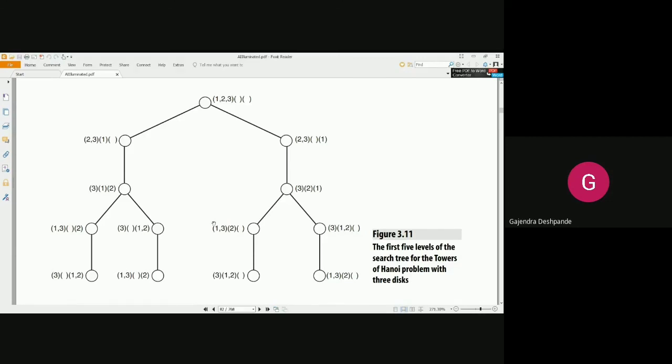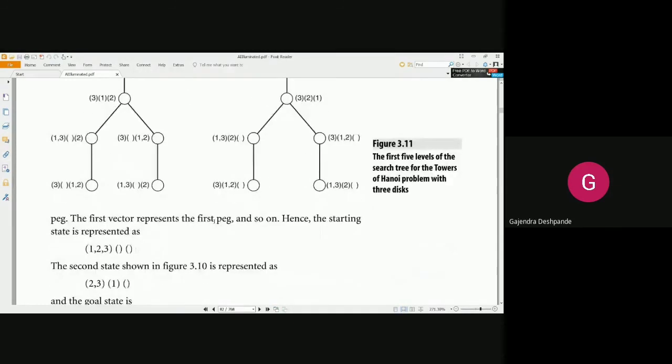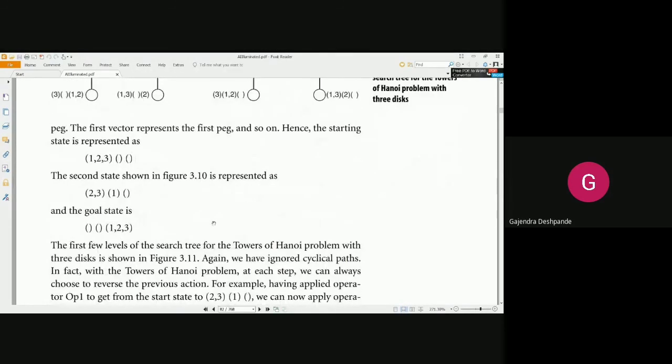That means you have successfully moved all three disks, and they are in the same order. Okay. So the same thing is shown here. 1, 2, 3 with empty brackets is the initial state, whereas empty brackets and 1, 2, 3 is the goal state.